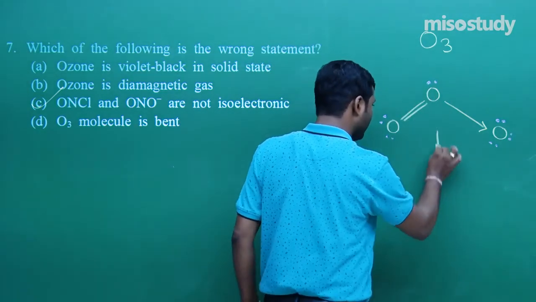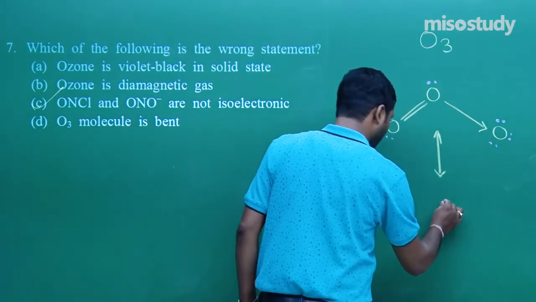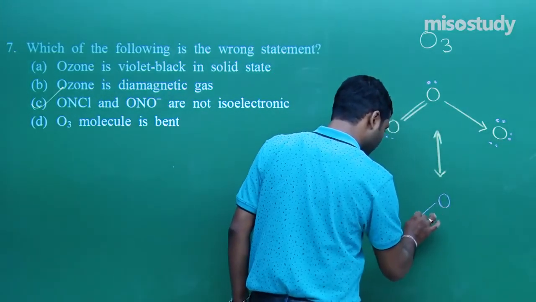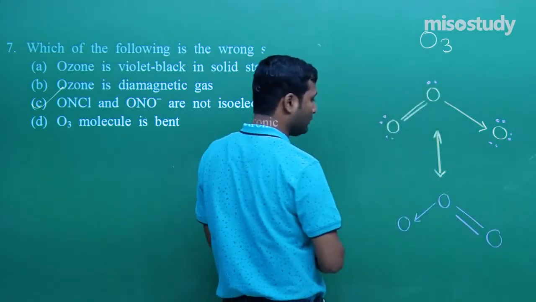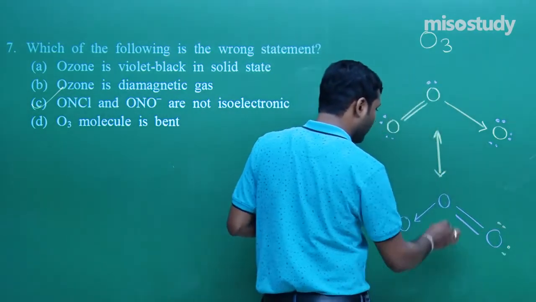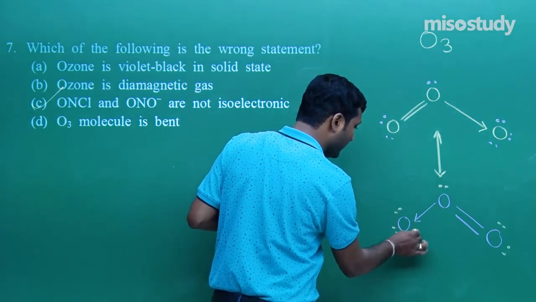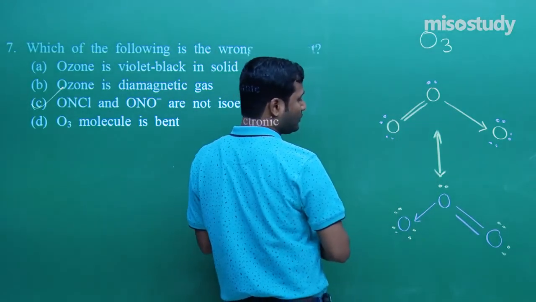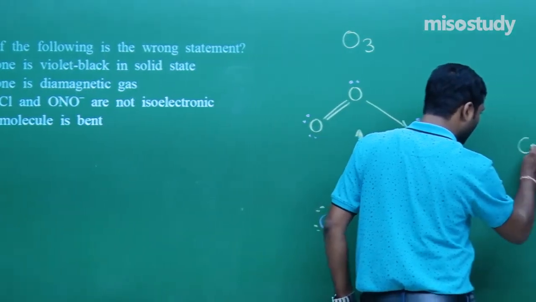What is the second resonating structure in this case? It's very simple. Now O here, this one is O, this one is double bond O. Clear to you? Now put here 2 and 2, 4. Here is 2, okay, then 2, 2, 4 and 2, 6. Clear to you? So what is the resonance hybrid? As I told you, that is O here.